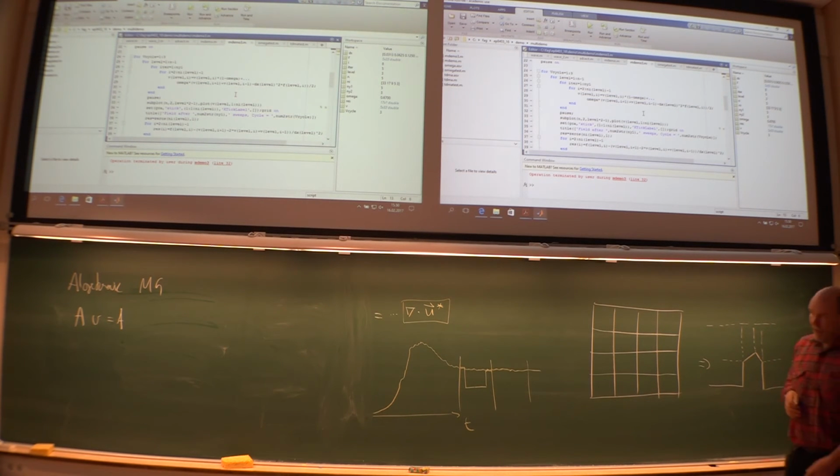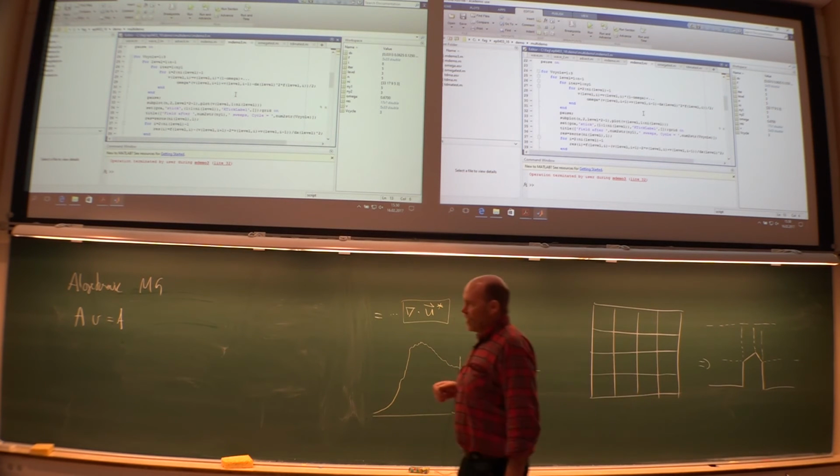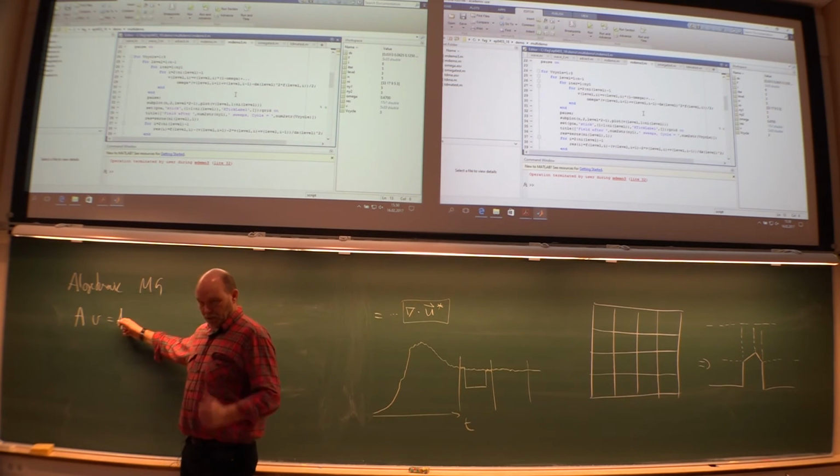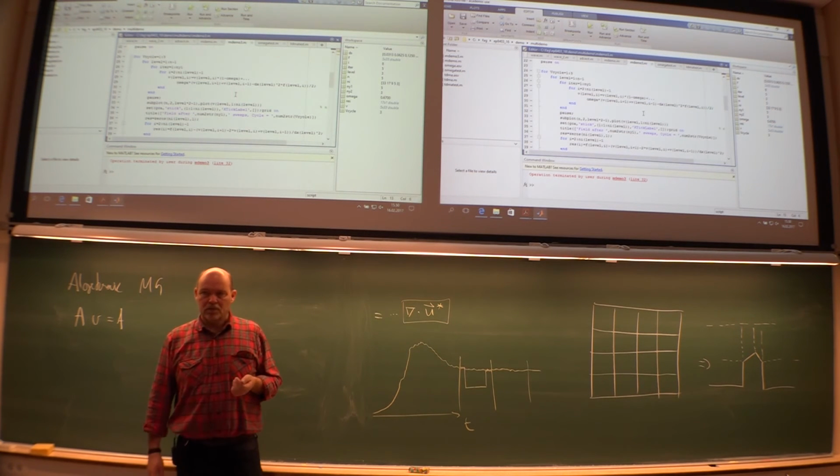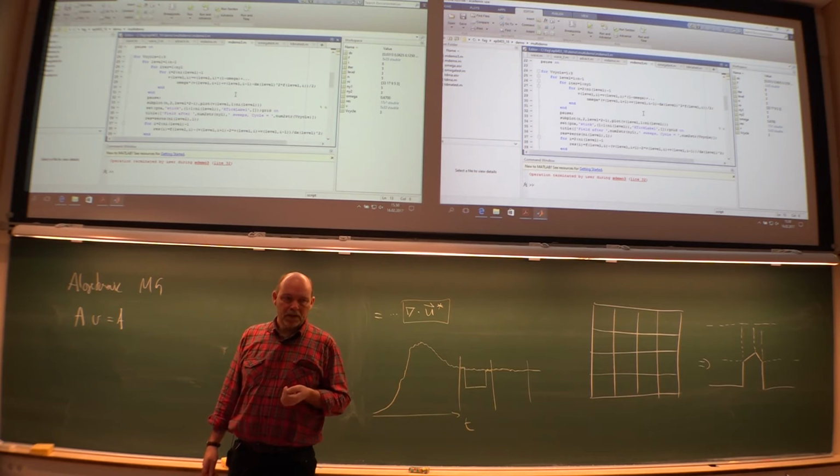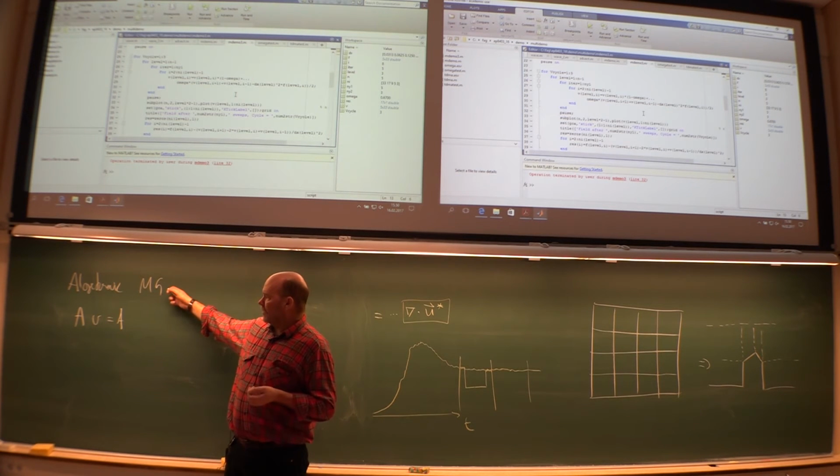It's pure math. Sort of how to translate this problem, including the boundary conditions, into a structure that can be solved mathematically. That's an algebraic multigrid for you.